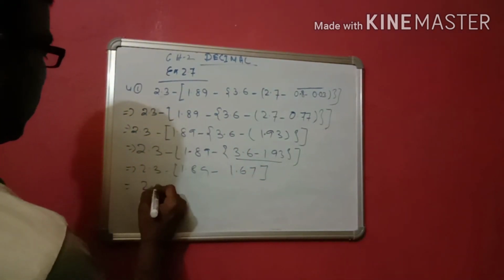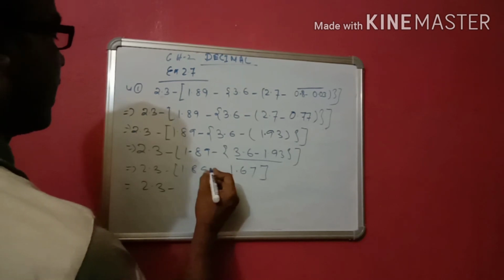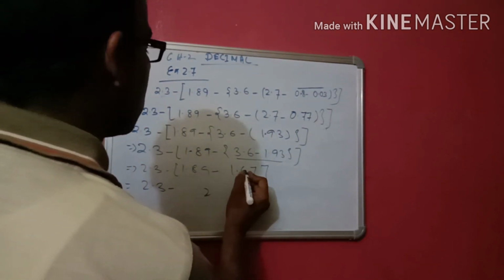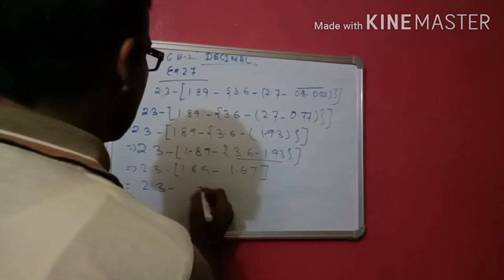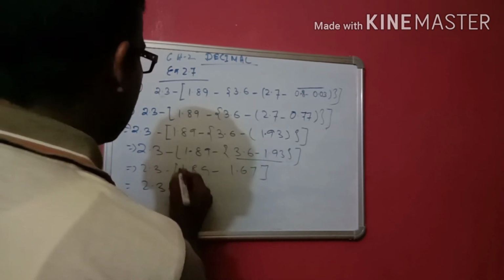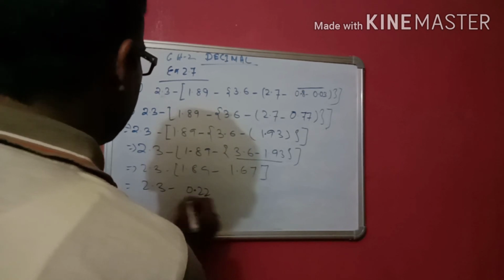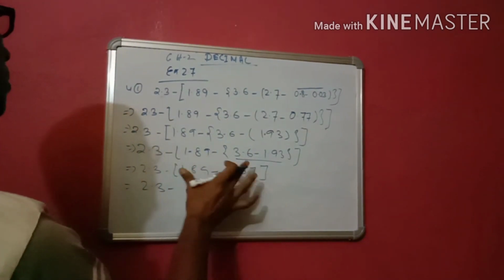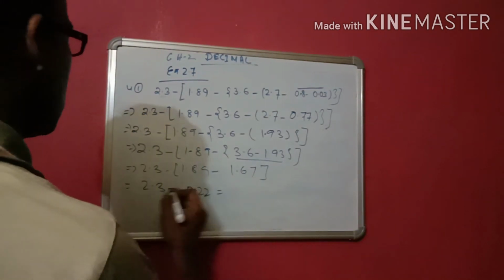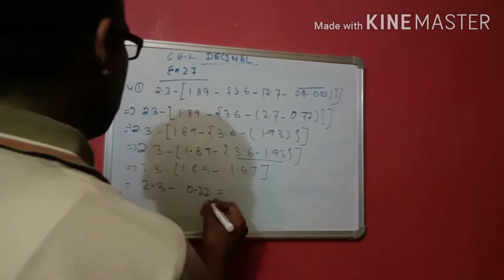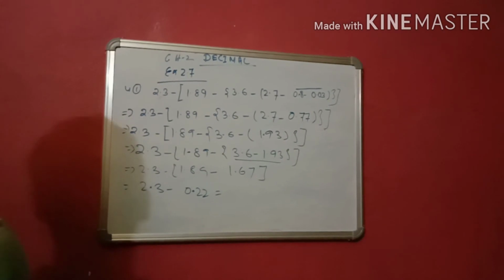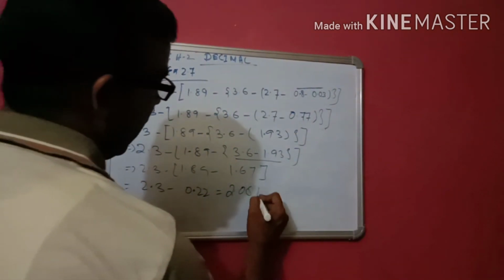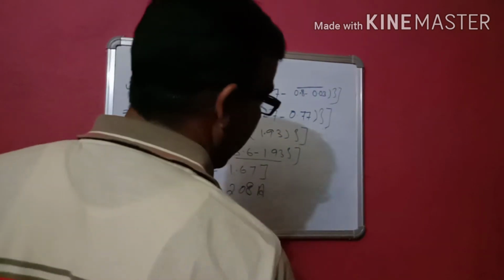Now 1.89 minus 1.67: 9 minus 7 is 2, 8 minus 6 is also 2. Now point, and 1 minus 1 will be 0. So 0.22. Now big bracket work is also over. 2.3 minus 0.22 equals what? 2.08. This is your required answer.